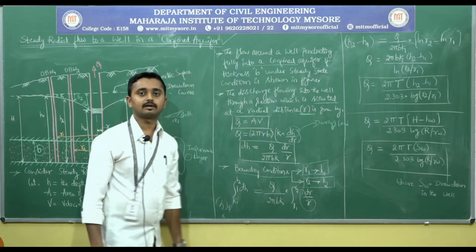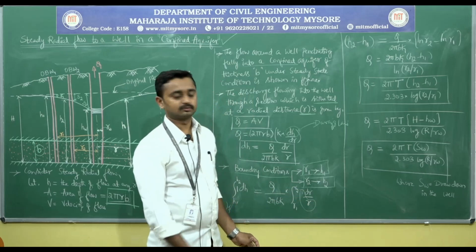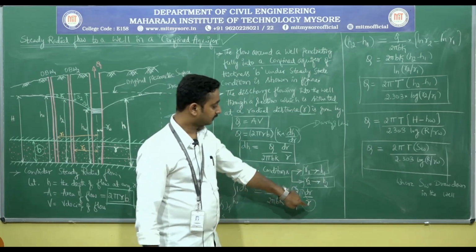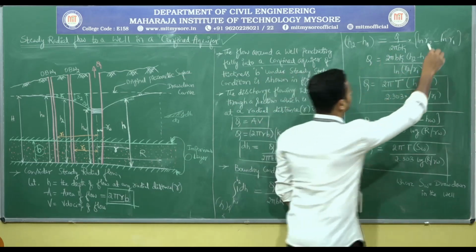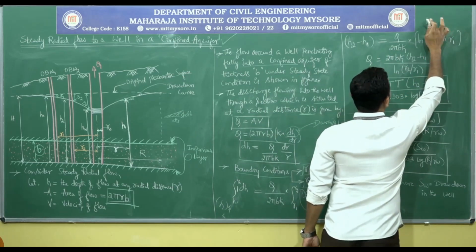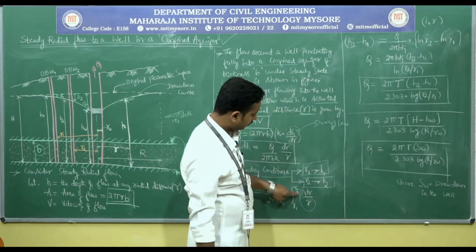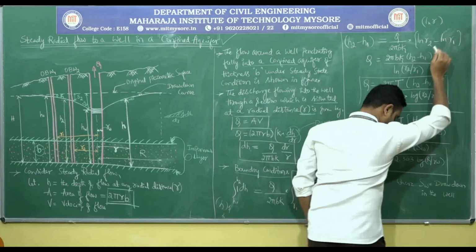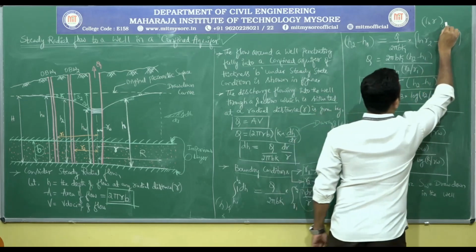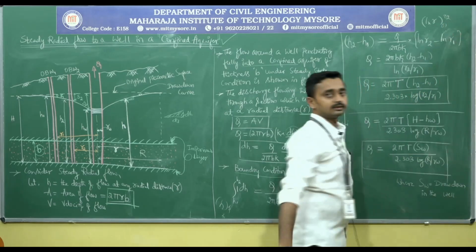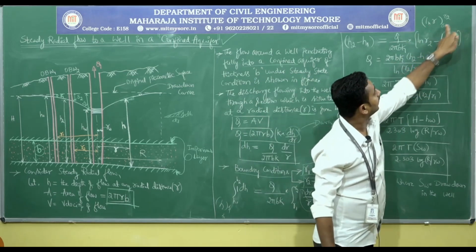Integration of 1 by r dr is very similar to the previous one, and this is a simple integration we must know. Integration of 1 by r dr is ln r between limits r1 to r2, just upper limit minus lower limit: ln r2 minus ln r1.